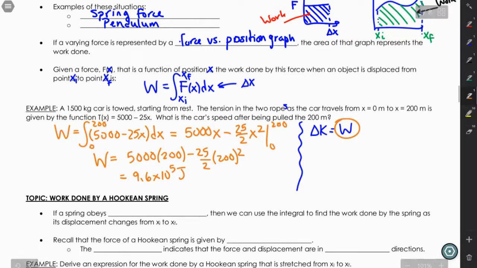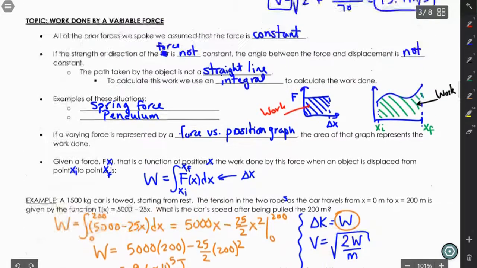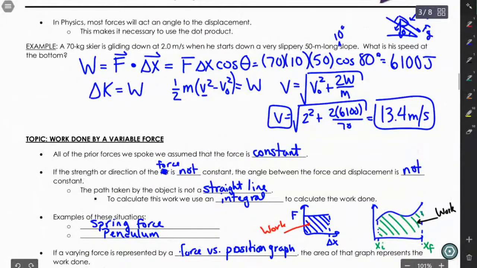Now we come over to our work energy theorem side. We're going to do delta K equals W because we're looking for the speed. If I do a little solving, in fact, if you go back to the video on work as a dot product, you'll see that it's just going to be this equation right here. The only difference is for this problem, our initial velocity is 0.